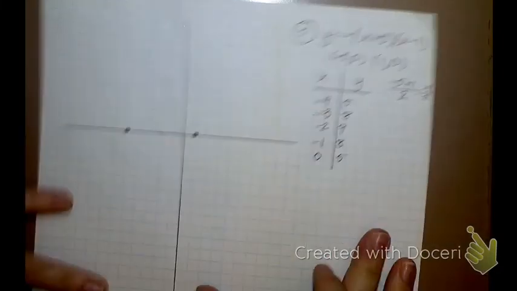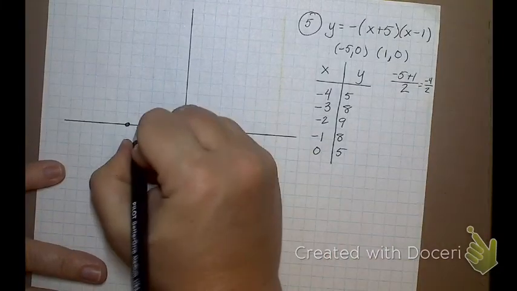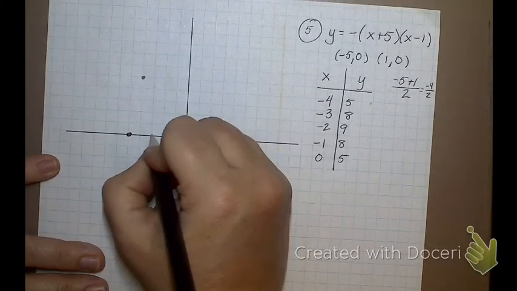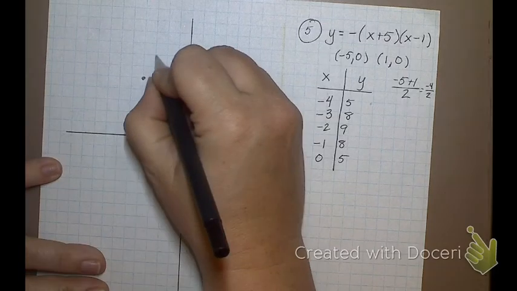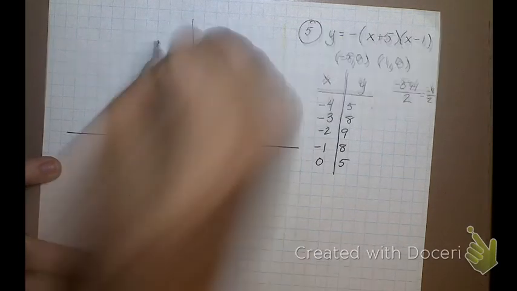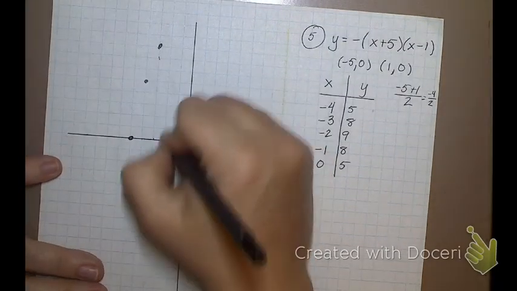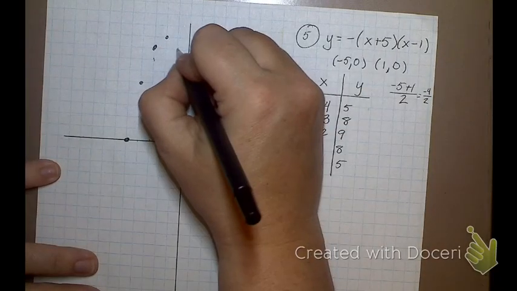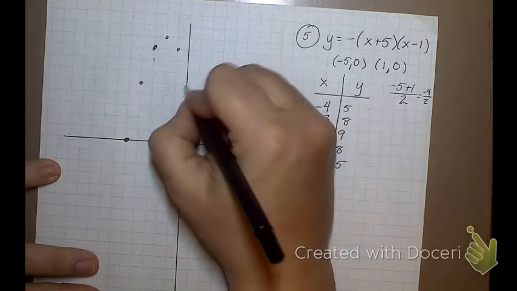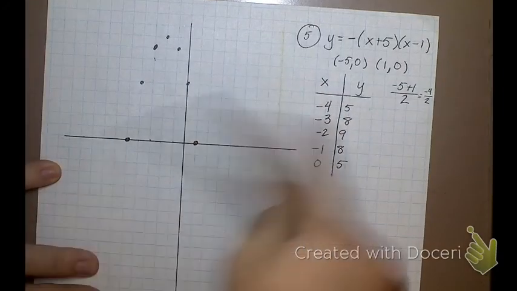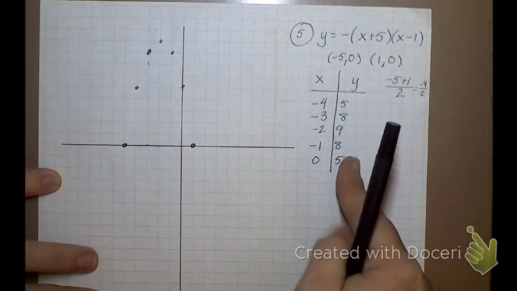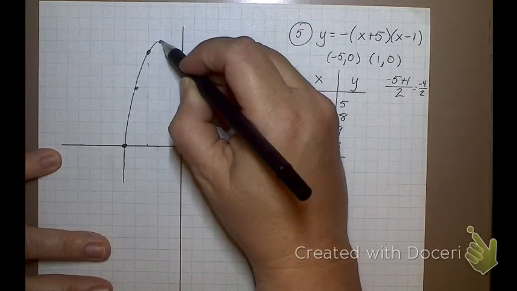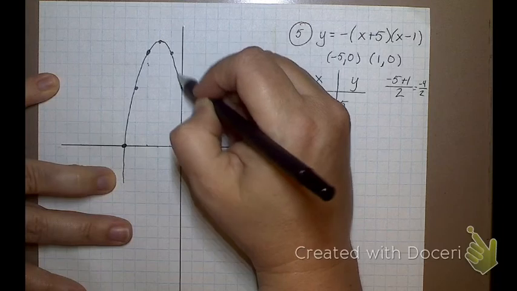So: negative 4, 5; negative 3, 8; negative 2, 9; negative 1, 8; and 0, 5. Do you notice my intercepts didn't happen to be in those 5 points? So I just have the bonus of having 7 points on my graph instead of just 5. Wow. I know. I'm extra.